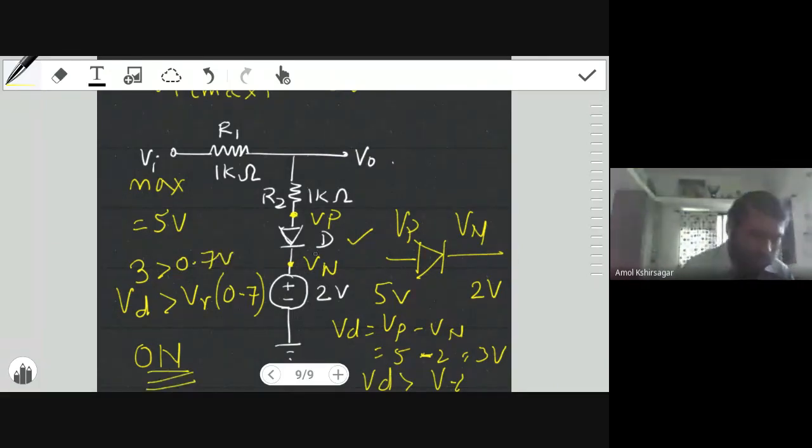So in on condition, we can substitute it with a battery of 0.7 volts. So I'm redrawing the circuit over here. So this is the circuit I am going to redraw.